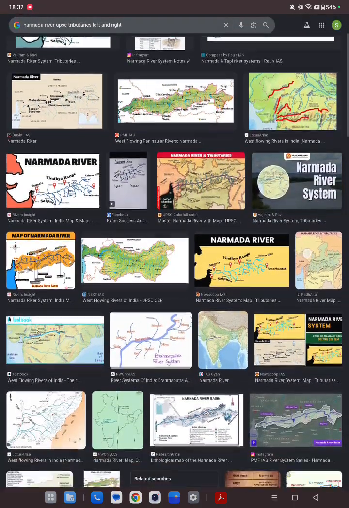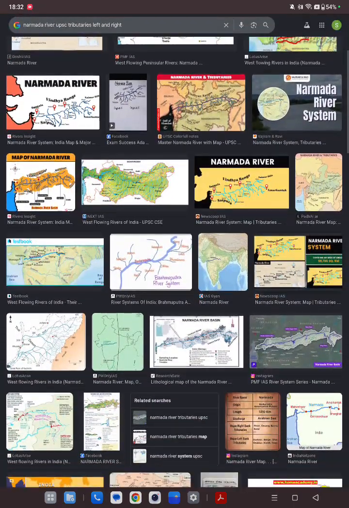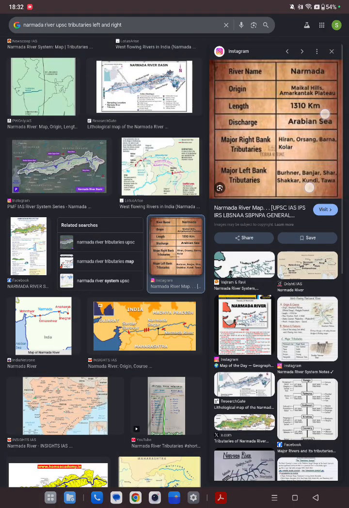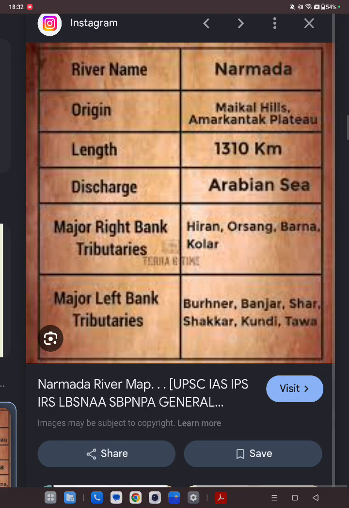So we will search a little about the eastern and western tributaries. Here I got an image: the major right bank tributaries of Narmada are Hiran, Orsang, Barna, Kolar. The major left bank tributaries are Barnar, Banjar, Sar, Sakkar, Kundi, Tawa.